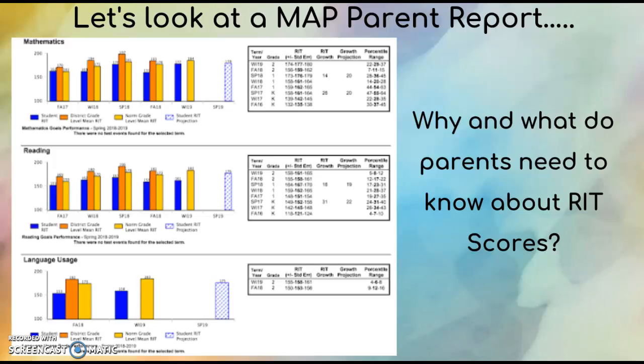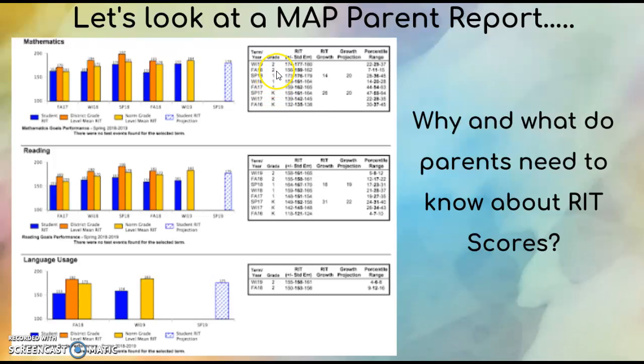As you can see, this is a MAP parent report from a student who has had the MAP assessment given to him or her since kindergarten up through 2nd grade. You'll notice that in kindergarten and 1st grade, the student had math and reading. Right here, you'll see this: kindergarten, fall, winter, and spring, and also in 1st grade, fall, winter, and spring.